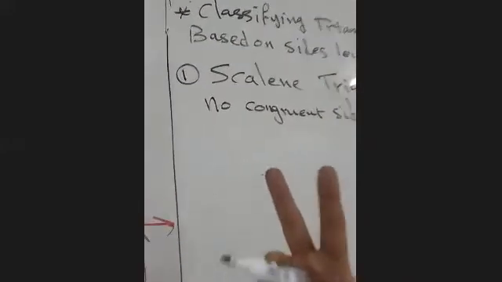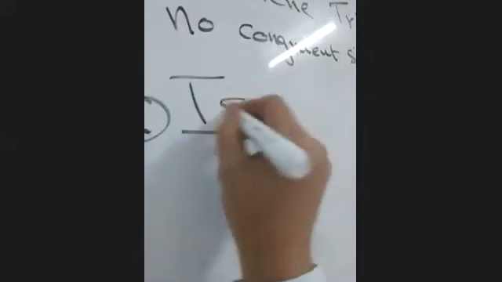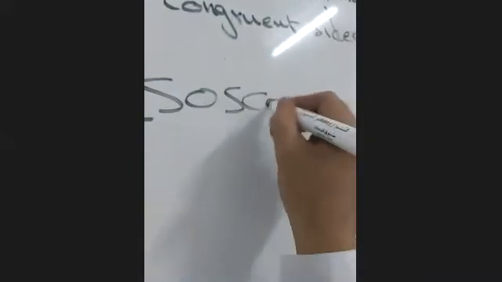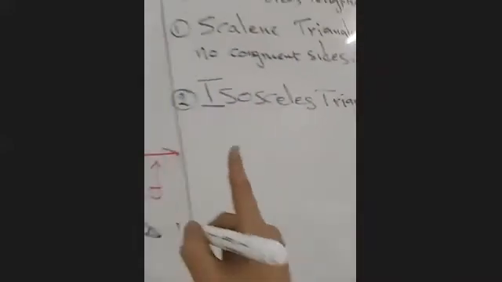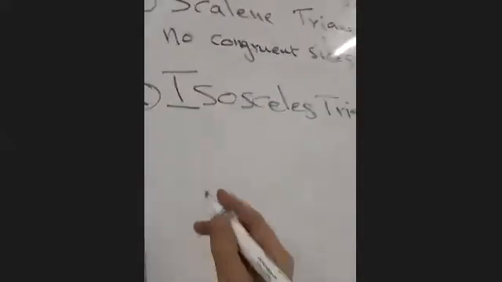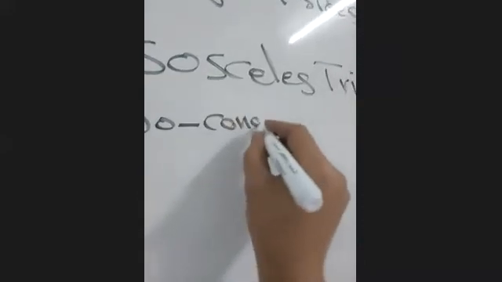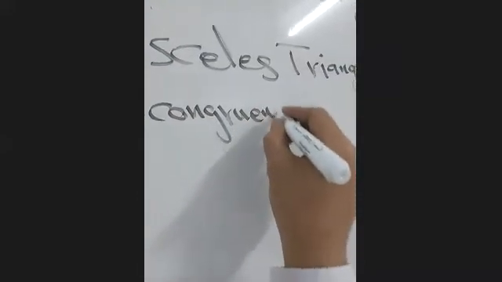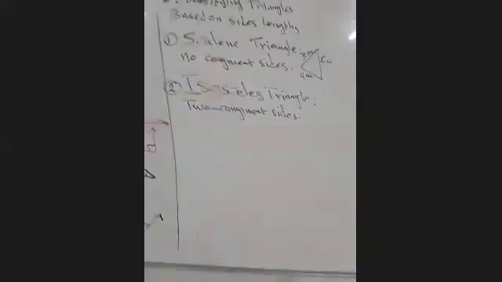Type 2, focus guys. Type 2, we call it isosceles triangle. In the isosceles triangle, we have 2 congruent sides.